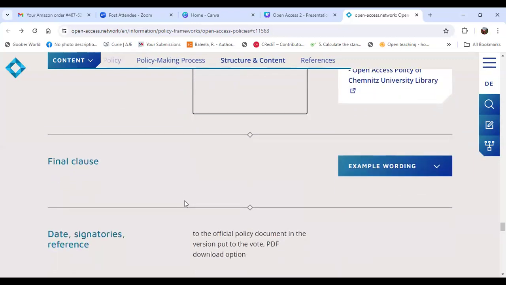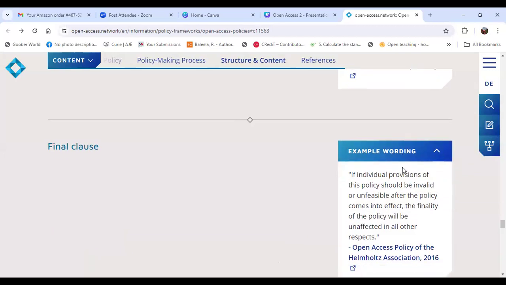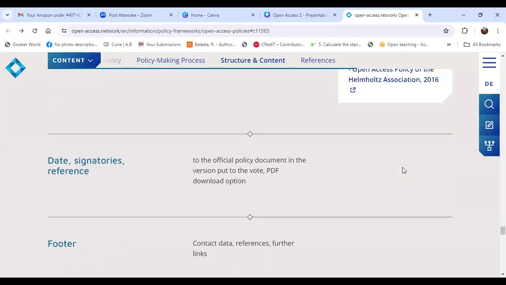And the final clause can be something like this: if individual provisions of this policy should be invalid or unfeasible after the policy comes into effect, the validity of the policy will be unaffected in all other respects. And that's why you need people from the law department at the university, because they know how to write these types of clauses.